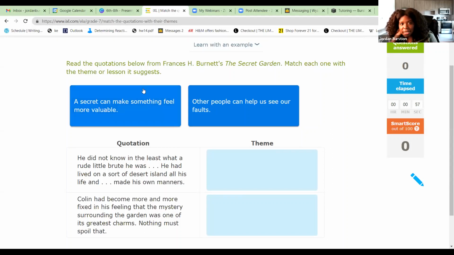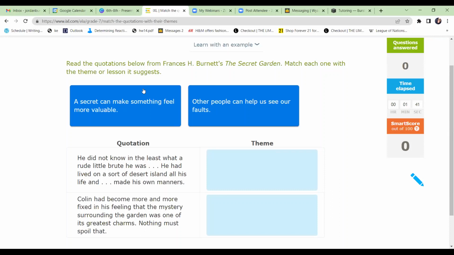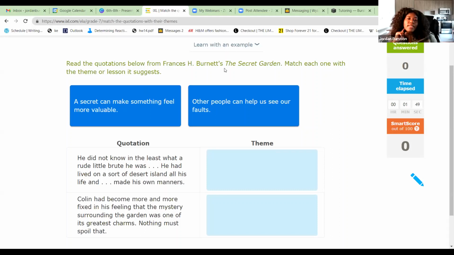And then you can type in the chat when you're ready to talk about it. You do not have to type the answer.